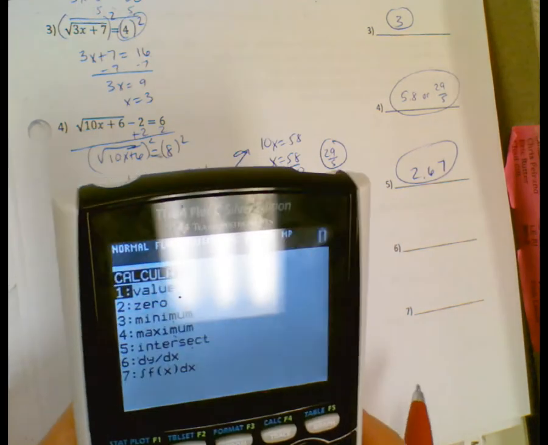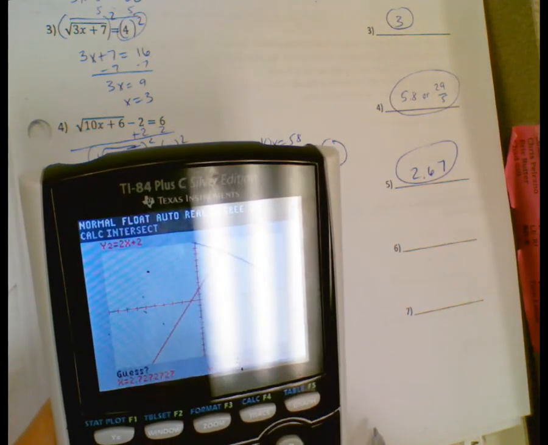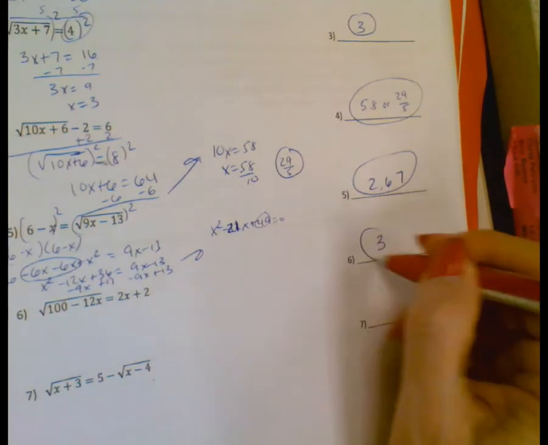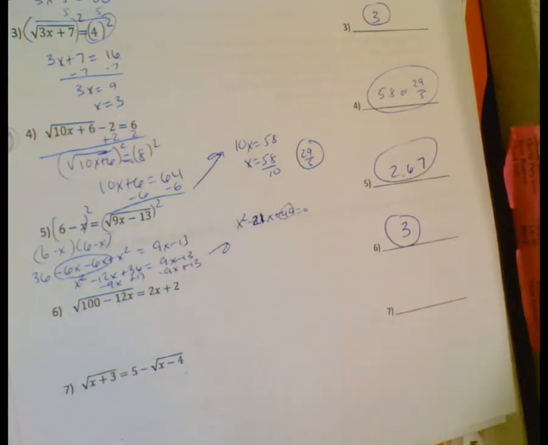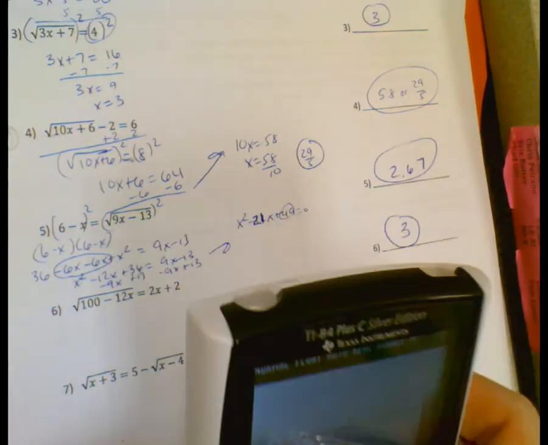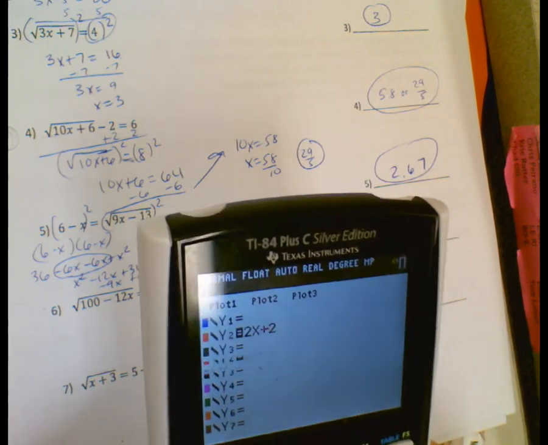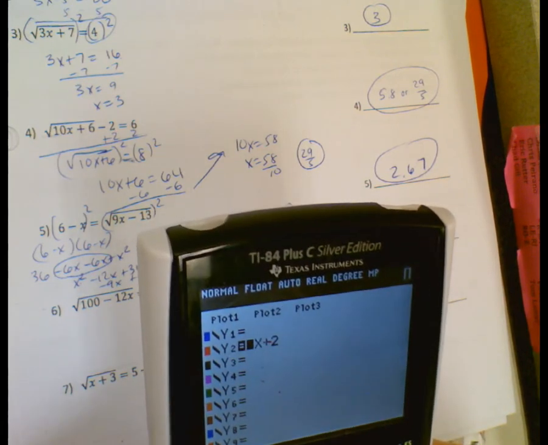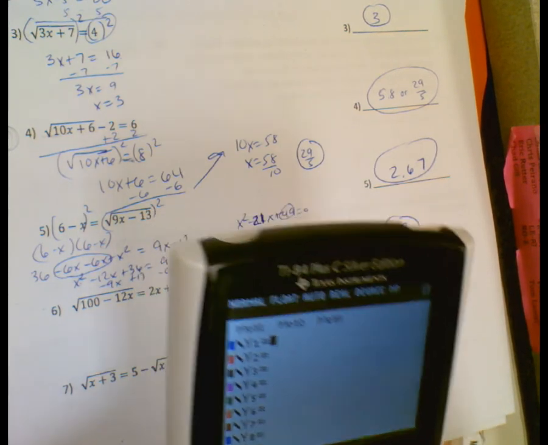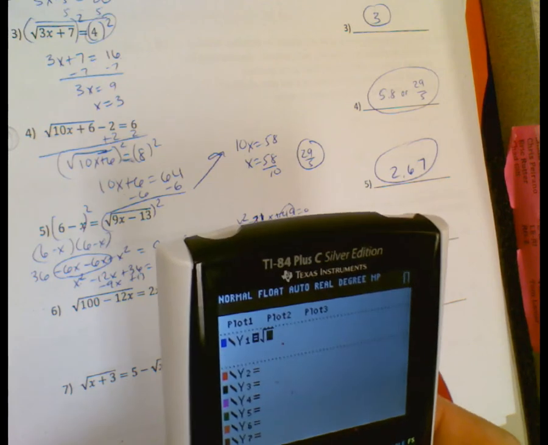Second trace 5. 1, 2, 3. Answer is 3. And then 7. Left side is square root of x plus 3.